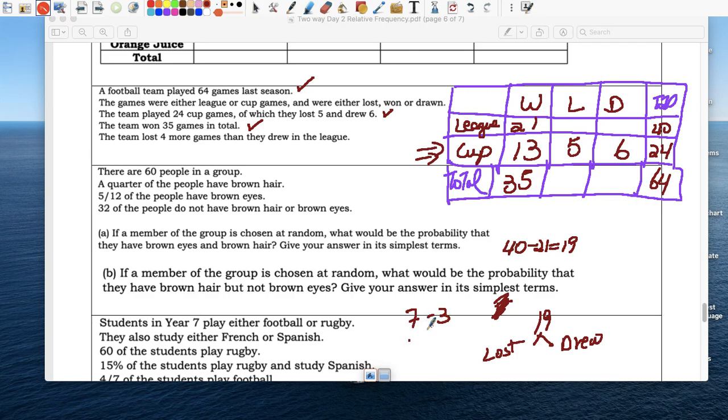7 and 3 now. 8 and 4, 9 and 5, 10 and 6, 11 and 7, 12 and 8. It's 18.